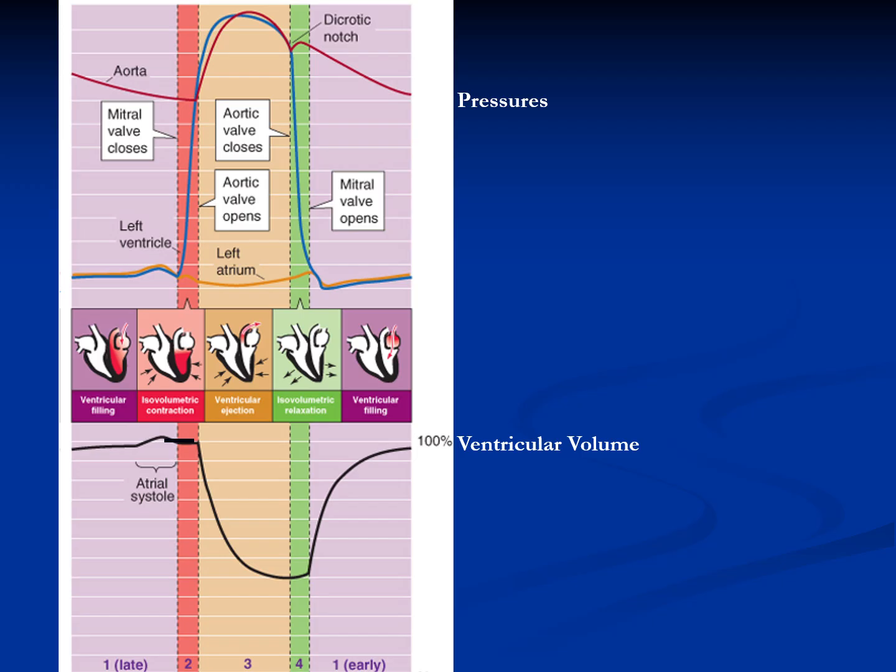And the same thing would happen on the right side of the heart, except that on the right side of the heart, the pressures are lower for the same volume. We're going to go through this phase by phase. Here you see that what the arrow I illustrated for you would be systole.